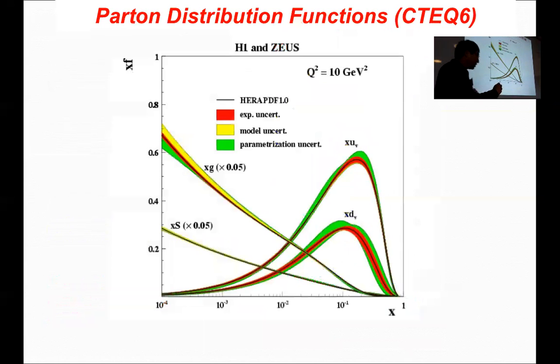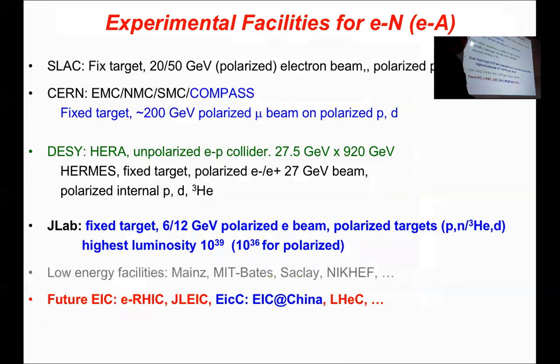And at very high x, we still have some unknown puzzles. I want to point out the high x region is mostly valence quark dominant. Then as you go to low x, you slowly get into the sea, and near the low x, it's all gluon dominant.